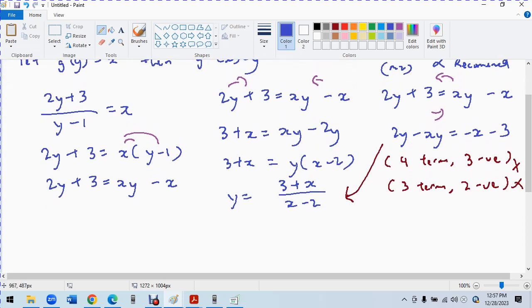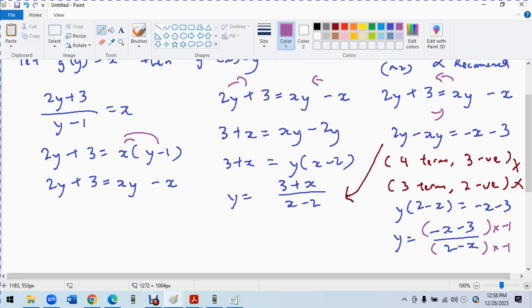So what we will do is you have y(2 minus x) equal to negative x minus 3. So y equal to (negative x minus 3) over (2 minus x). Then you have to multiply negative 1 for the denominator and the numerator here. So we have (x plus 3) over (x minus 2). So it will be complicated compared to the other way. So I don't recommend this one. Don't do it this way.